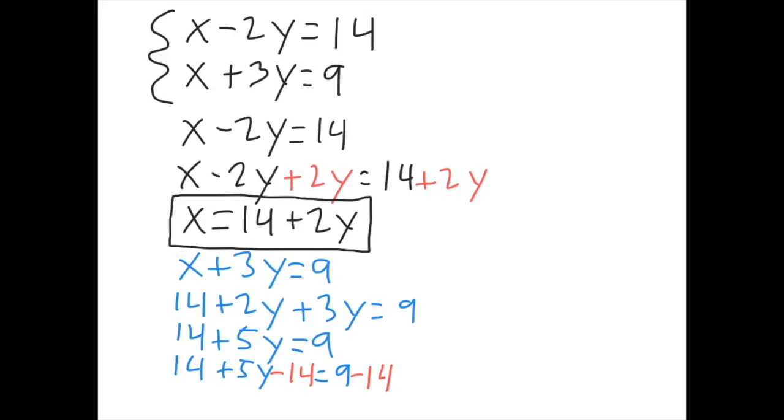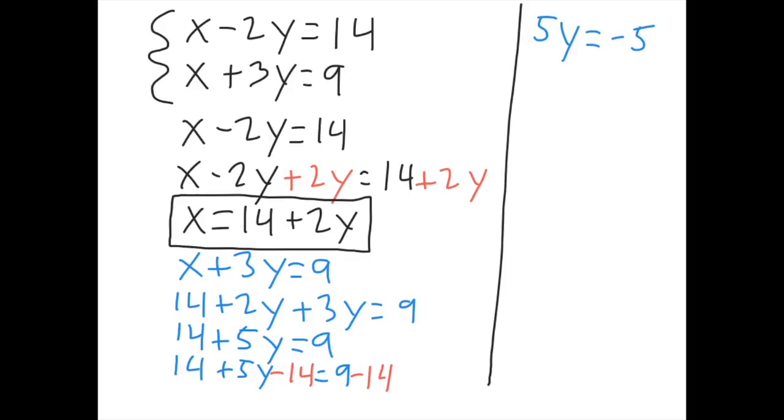So I'm running out of room, so I'll put that back to the top. So we'll go back over here. So on the left side, we're left with just 5y because the 14s cancel out. So we have 5y equals, and then 9 minus 14 is going to be negative 5.